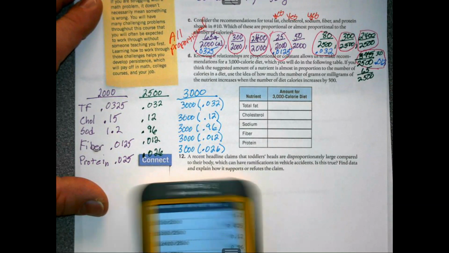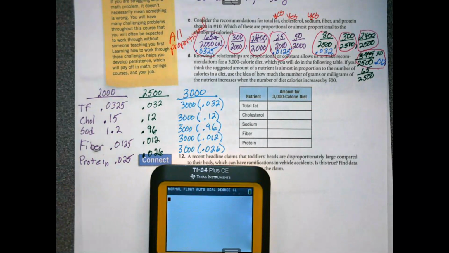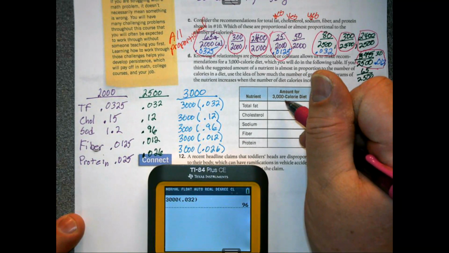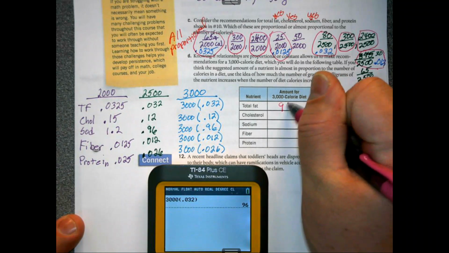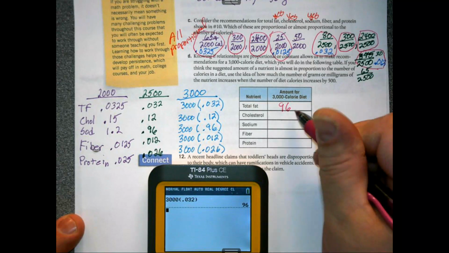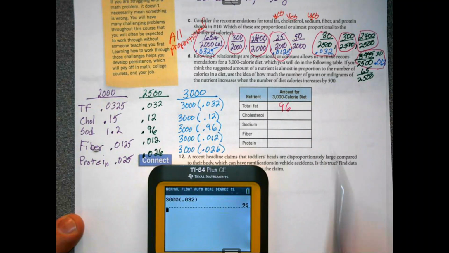There we go. 3,000 times 0.032 is 96. It's grams.